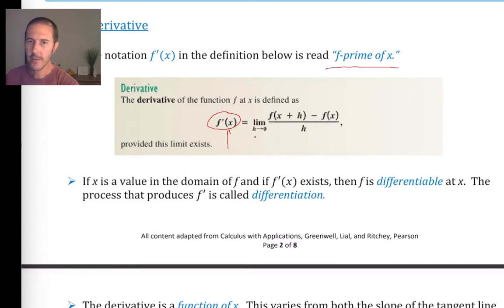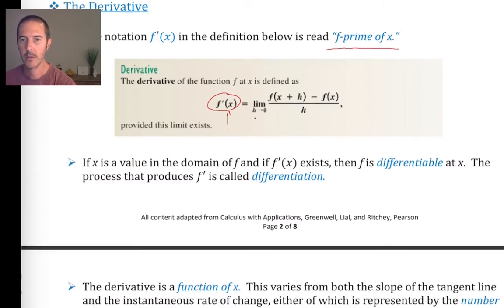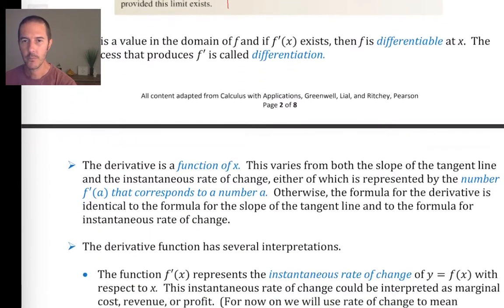In order to evaluate the derivative of a function at a particular x value, our original function has to satisfy some conditions, and we're going to talk about those as we go along, but certainly one of the conditions is that it must be differentiable, and there are some nuances to that restriction.